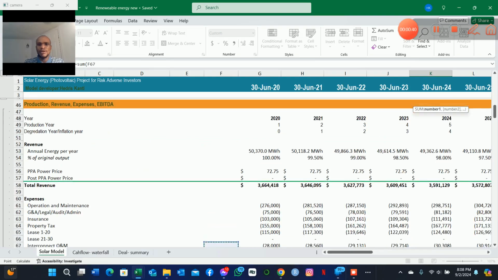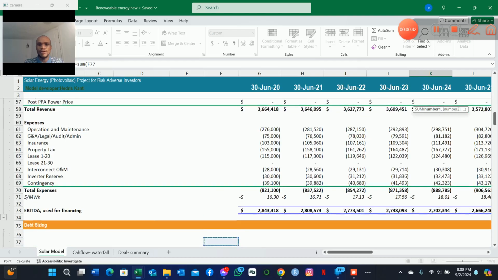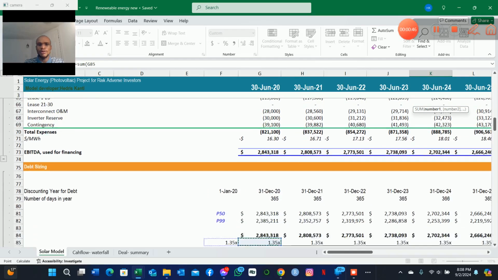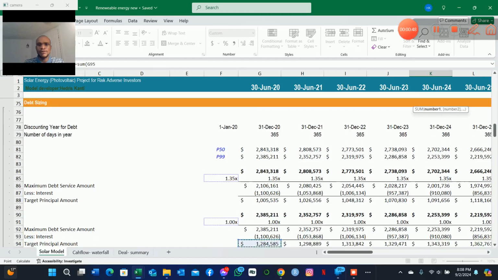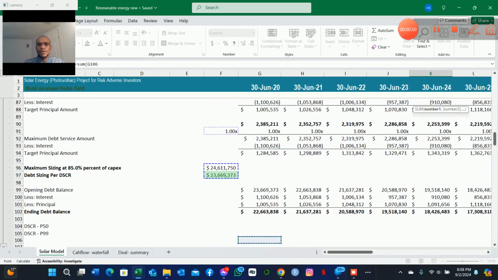So we are taking into account the average of the principal and the interest as an account for the total debt service just for the first year. So we account for those two amounts.